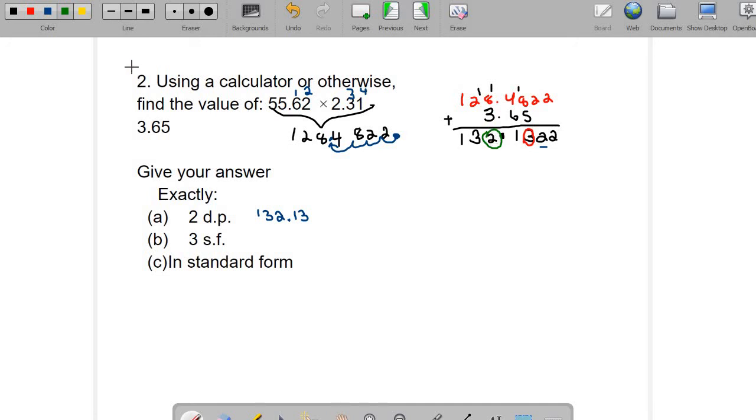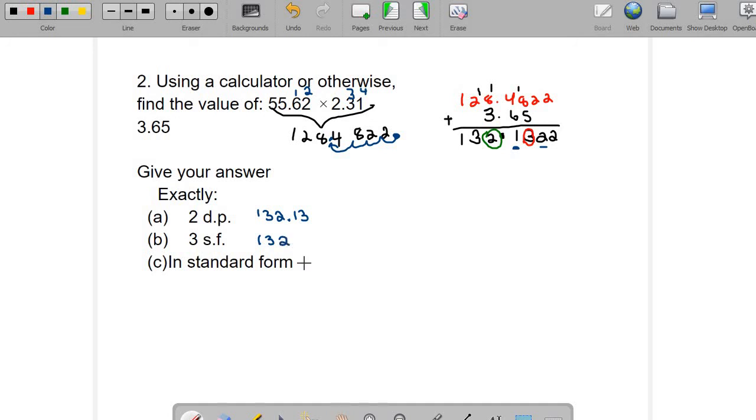Then you're going to look behind it to see whether or not you round up or down. Okay, so we have 1 behind it, and since we have a digit that is less than 5, that means we're going to round down. And to round down means that you're going to just remove all of the digits behind the third significant figure, and you're going to leave it as is. So you're not going to add 1. So our final answer is going to be 132.